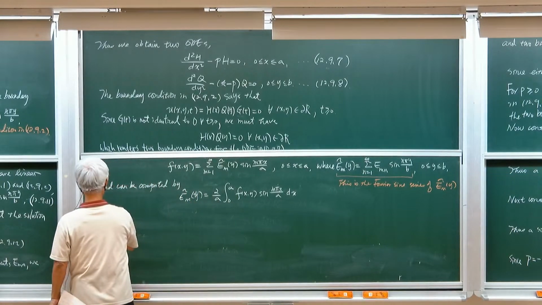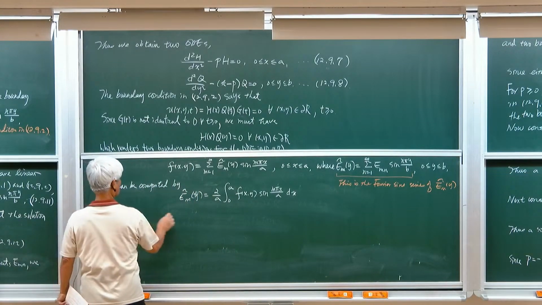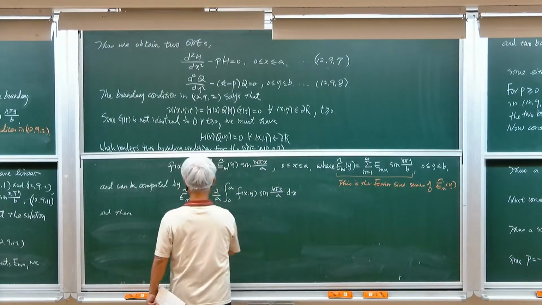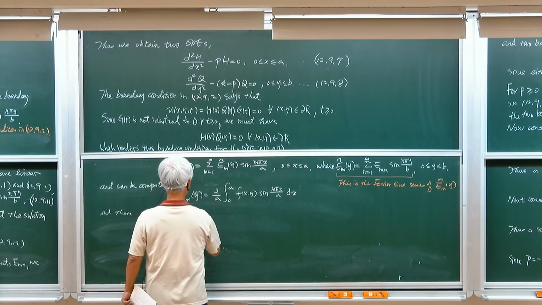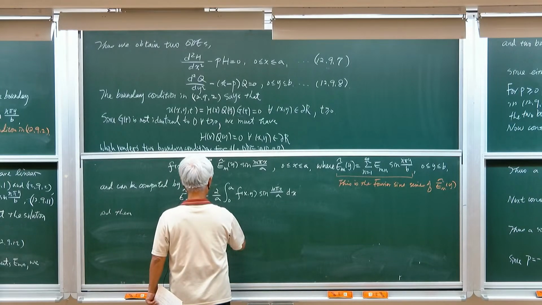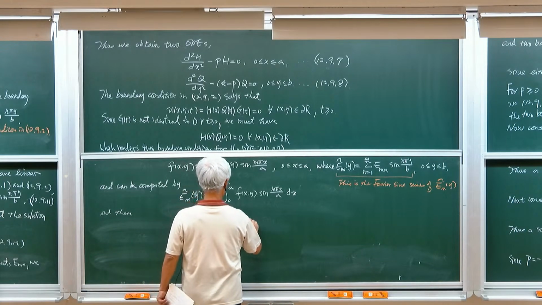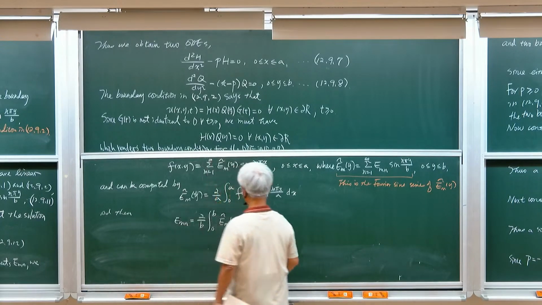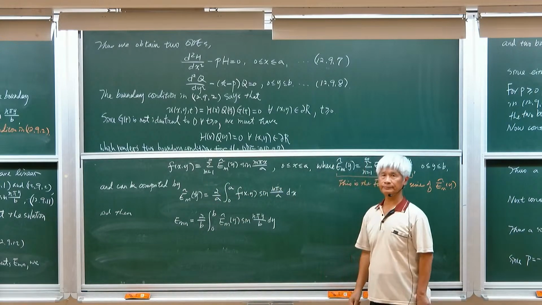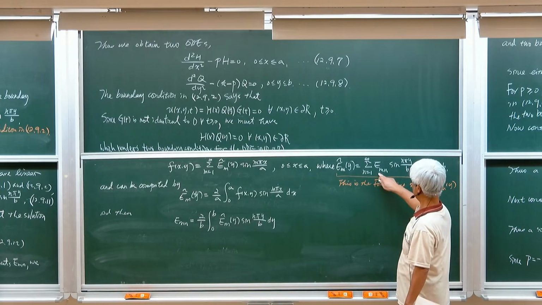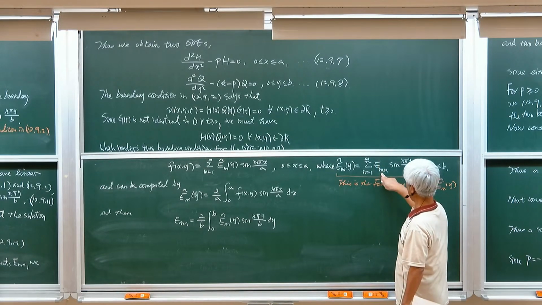And then E_mn becomes 2 times the integral of e to the y sine(n pi y / b) dy. So here, E_mn.